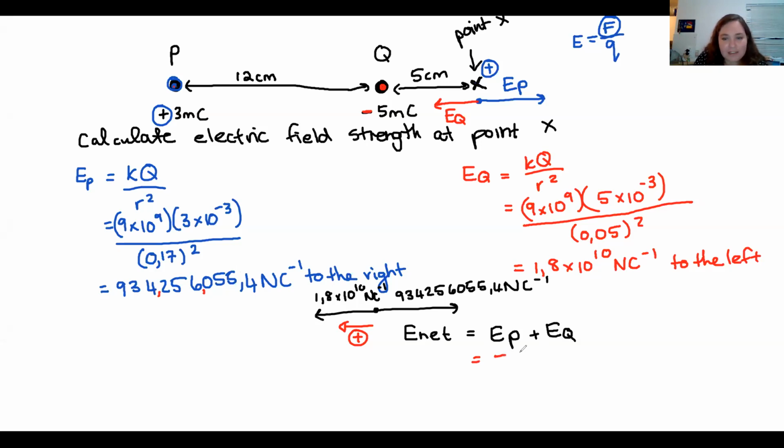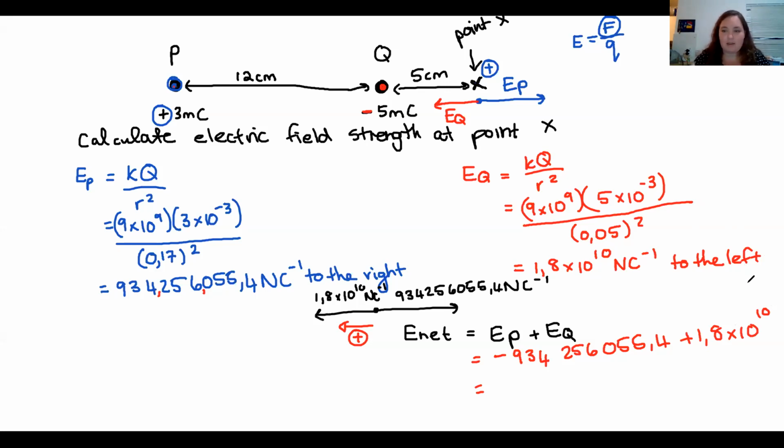So it's going to be negative 9.3425605 54. And then in the other direction, this is going to be towards the left. So it makes it positive 1.8 times 10 to the 10. Doesn't actually matter which one you call positive. You should find overall your answer will be a resultant towards the left.